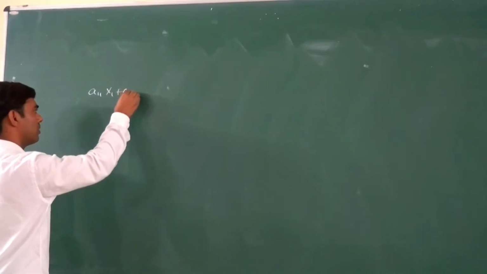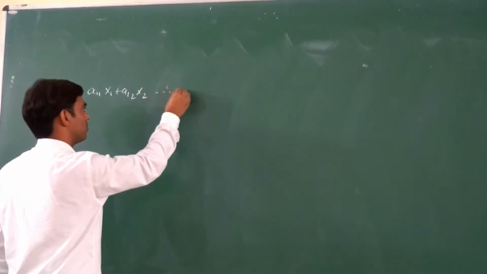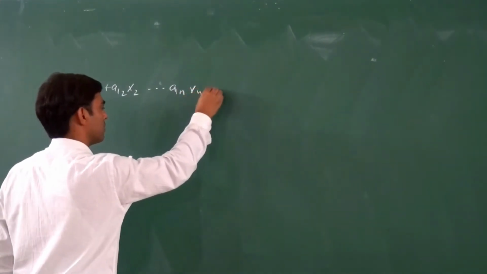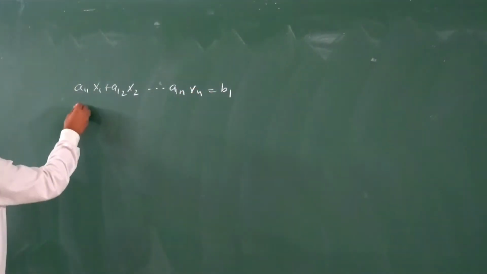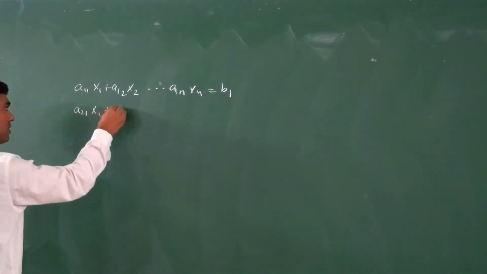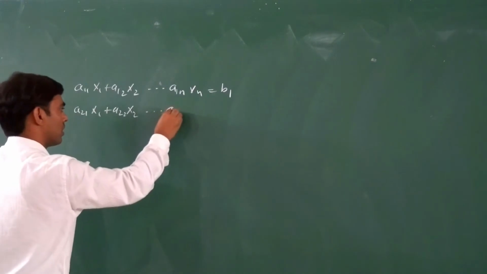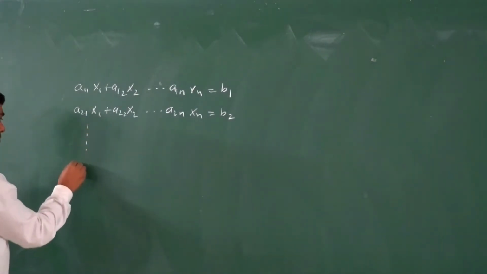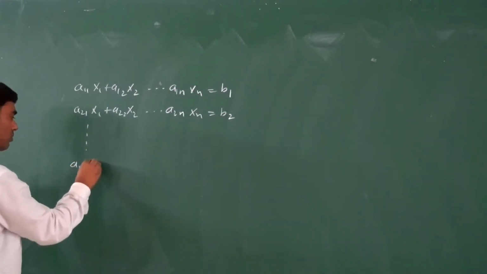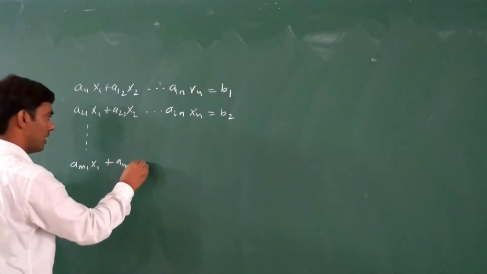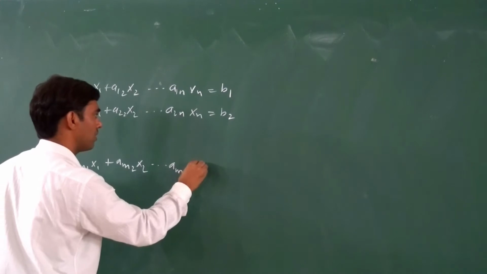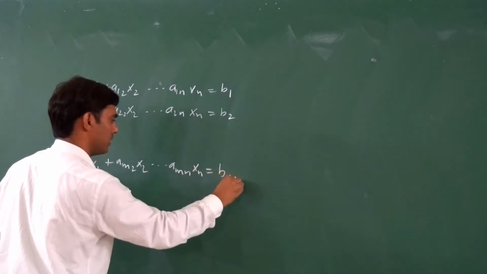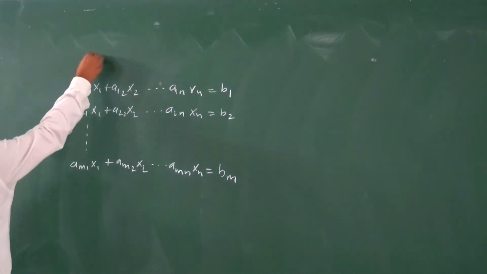If we write, a11 x1 plus a12 x2 up to a1n xn equal b1, a21 x1 plus a22 x2 up to a2n xn equal b2, up to am1 x1 plus am2 x2 up to amn xn equal bm. This one is the system of a linear equation.